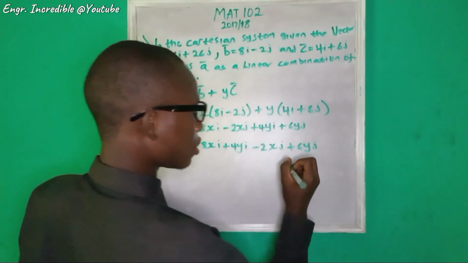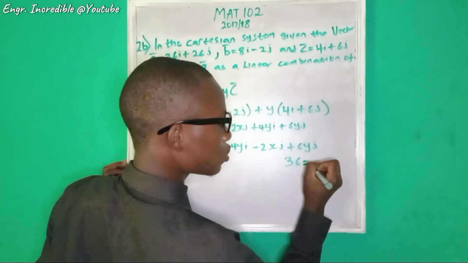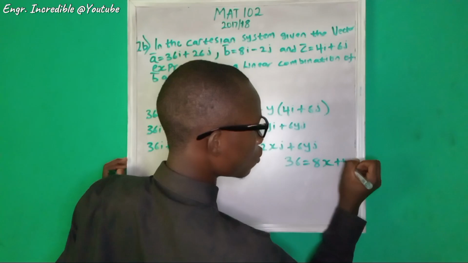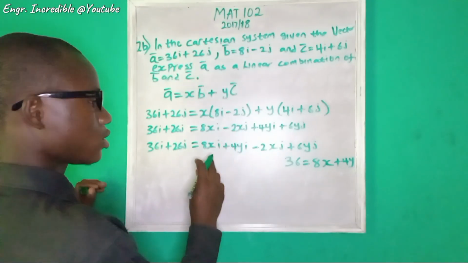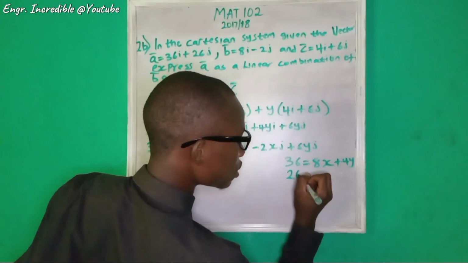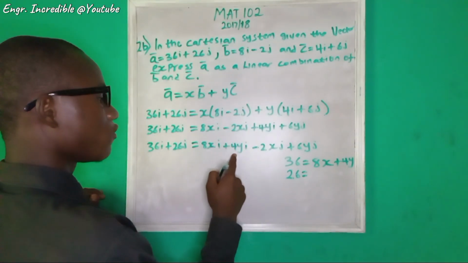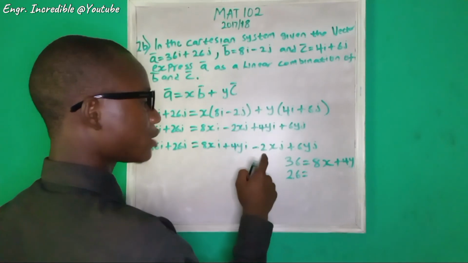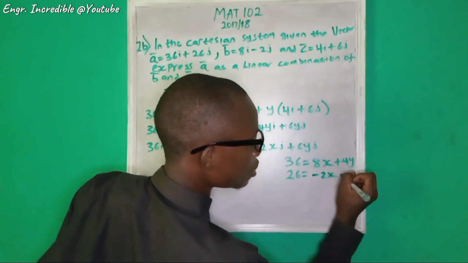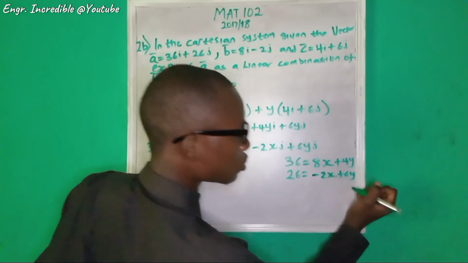We have here 36 equals 8x plus 4y. While on the second side we have 26 equals minus 2x plus 6y.